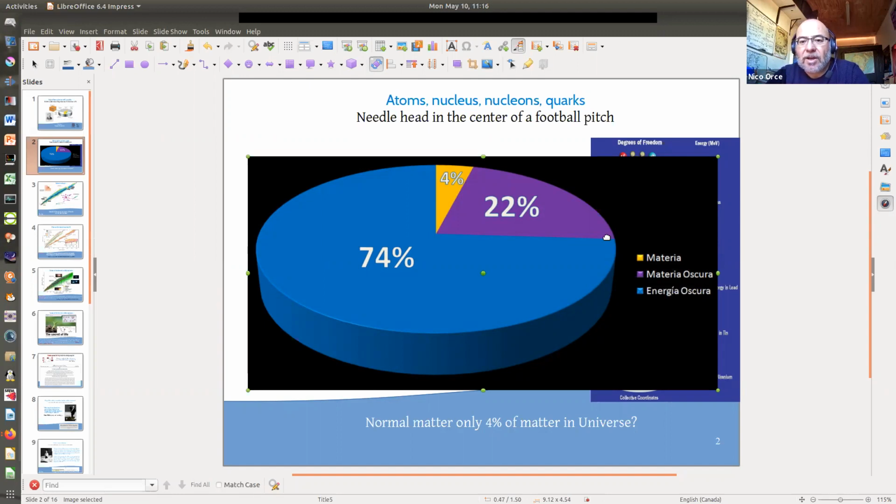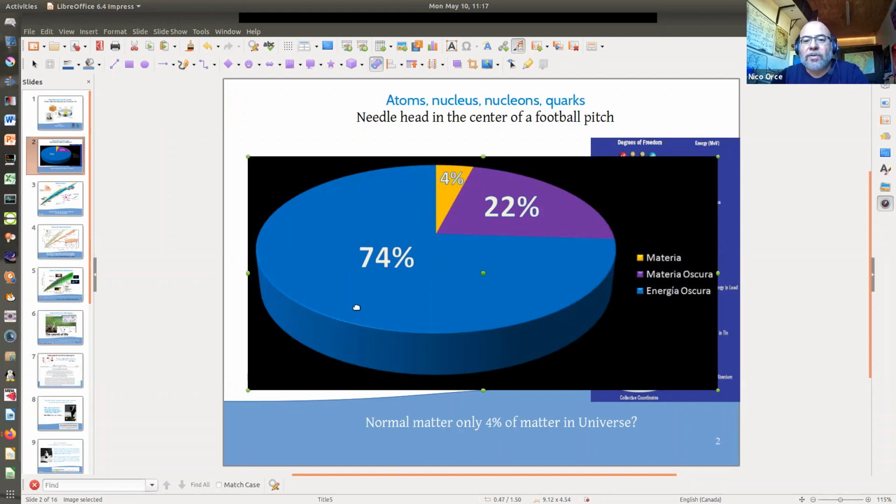It's like having Mercury and Pluto. Pluto moves very slowly around the sun, but Mercury moves much faster, right? So what we see is that some stars in the halo of galaxies move very fast compared to the matter which is around, and that's why we infer this 22% of dark matter.